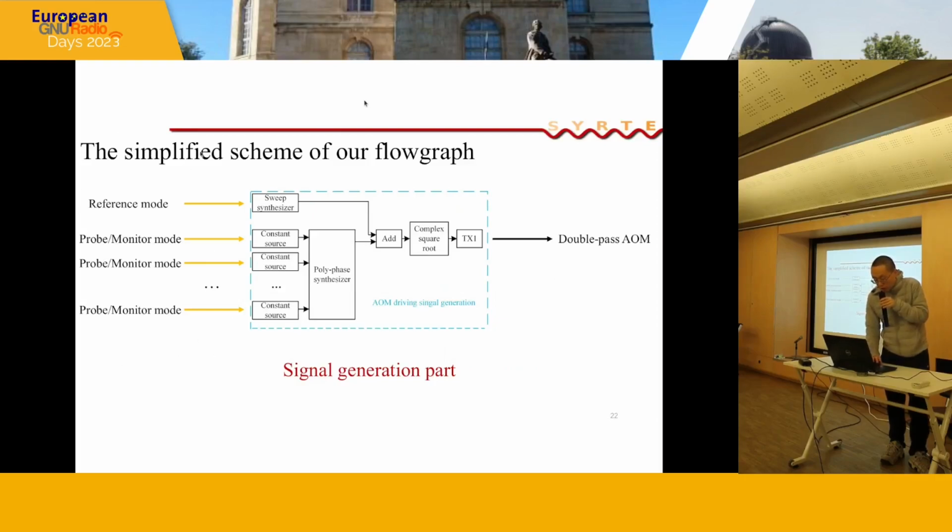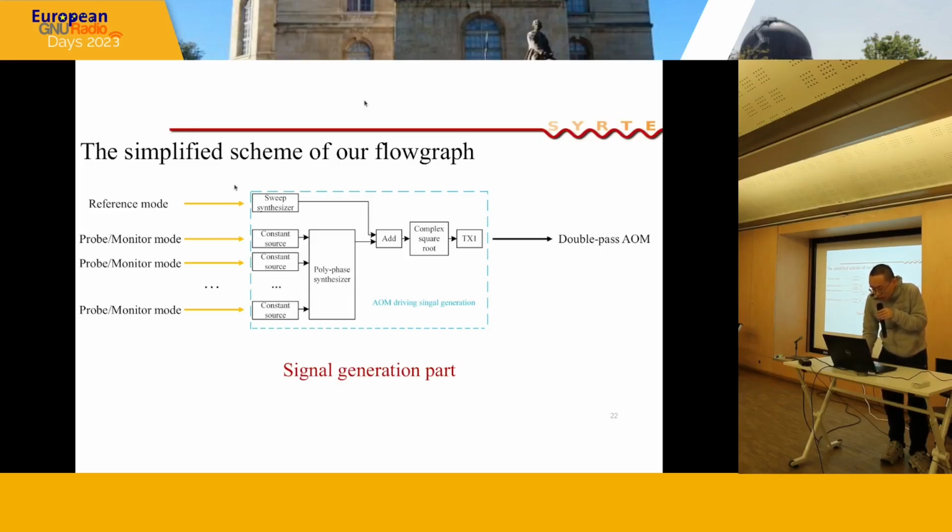Here is the simplified scheme of our flow graph. As you can see, this is the reference mode, and this is the probe and monitor mode, where each mode means a laser frequency. The probe and monitor modes are generated by the constant source in GNU Radio, and combined by the polyphase synthesizer.